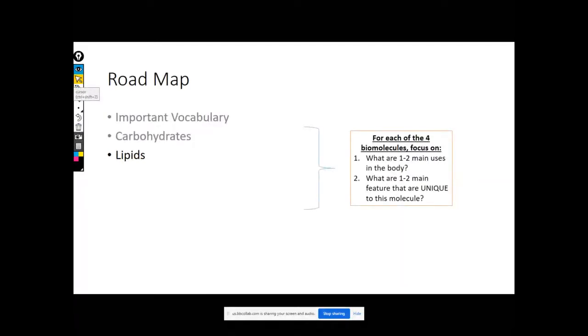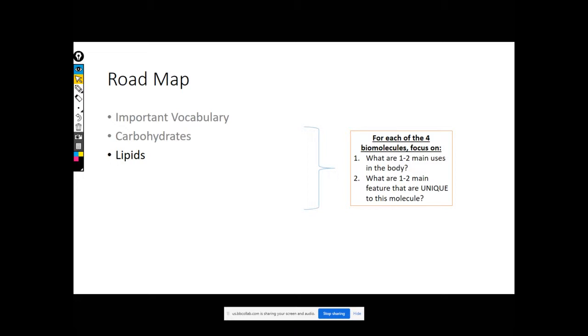Onwards and upwards then. So let's look at our second biomolecule. So now we have the advantage as we move forward when we're thinking about what is the point of this biomolecule and what are the features of this biomolecule to be able to compare this back to carbs, right?